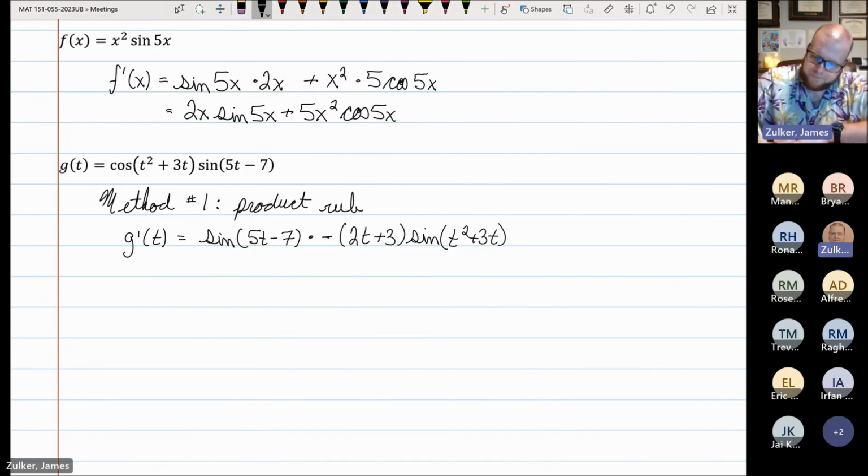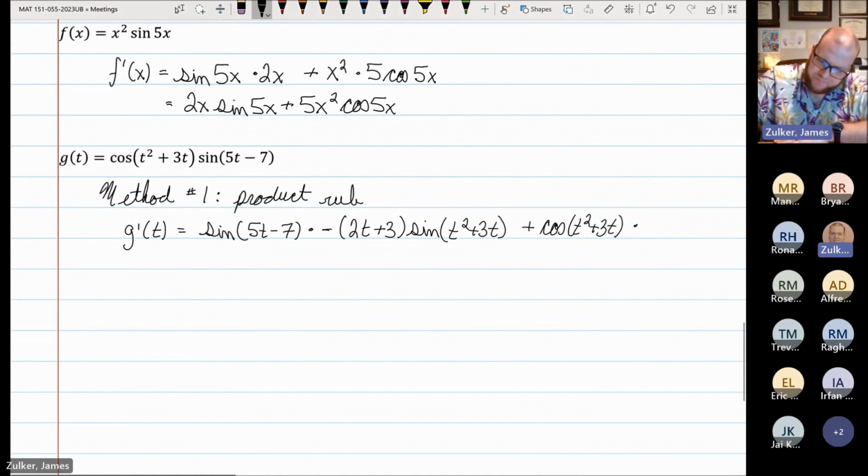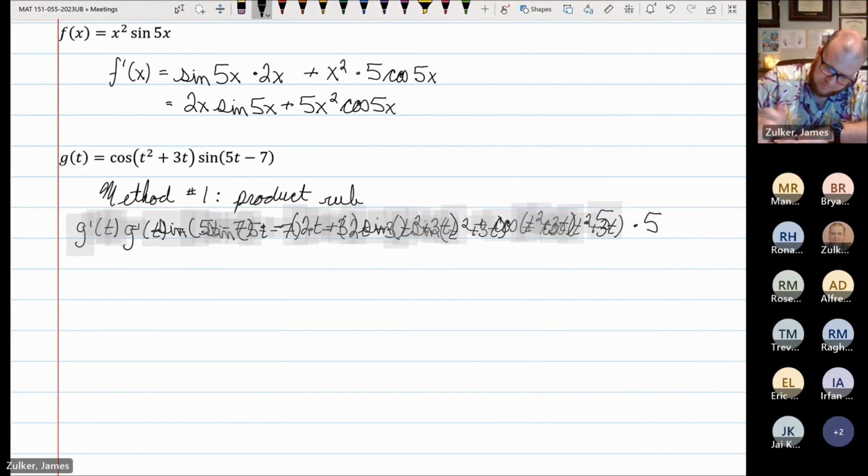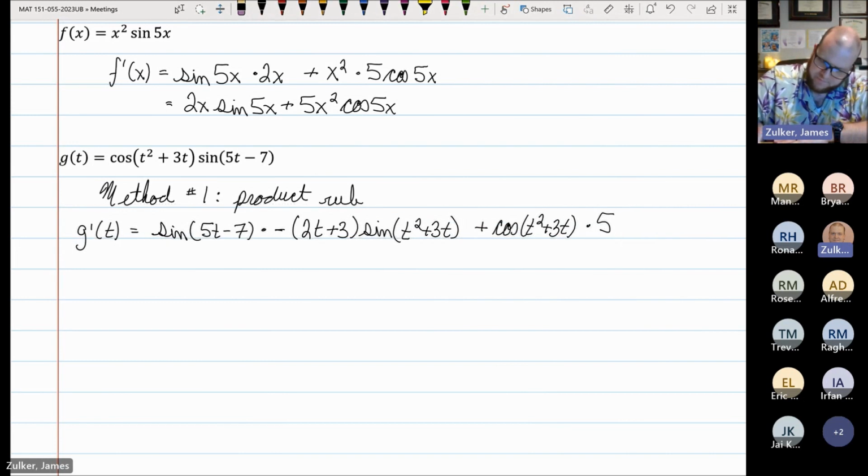plus first function times derivative of the second, derivative of a sine, u prime, times the cosine of u.